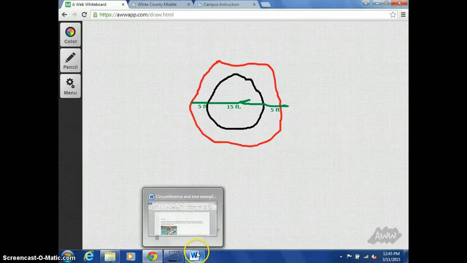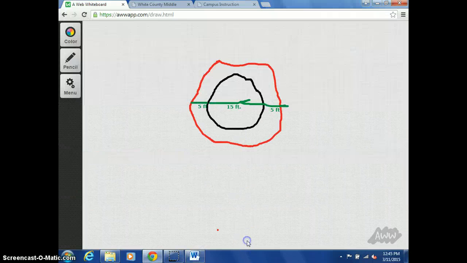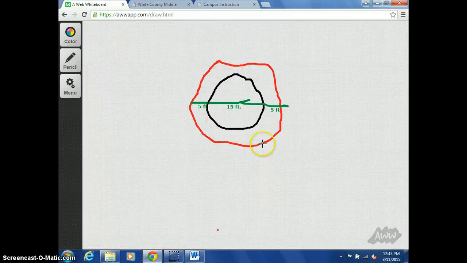Let's go back and make sure we have all the information we need. How many feet of fence does Darth Vader need to purchase? So, if we need to know how much fence to go around the pool, is that an area or circumference problem? Circumference. Area is the amount of space inside. Circumference is the amount of space outside.